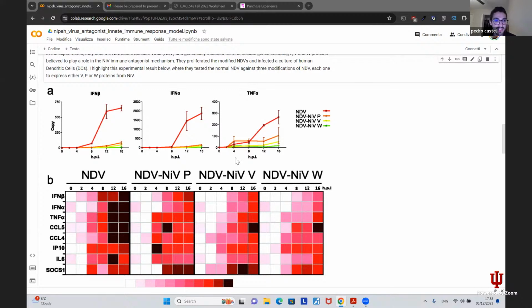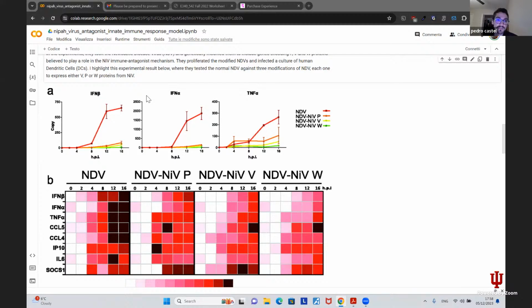So they measured that. For the mRNAs, I think they used reverse transcriptase, something like that, to measure the mRNA expression in the cells.